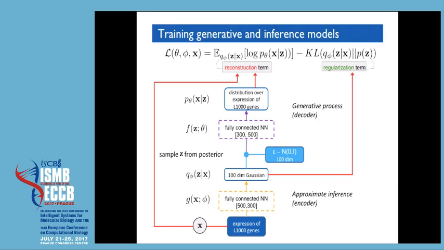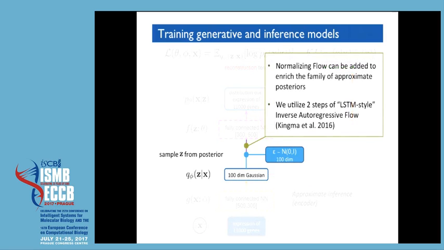But if you want to improve the expressiveness of this model, what has been recently introduced last year are something called normalizing flows, in particular the inverse autoregressive flows that we use to further enrich the family of possible posterior distributions that you use as the variational approximation.